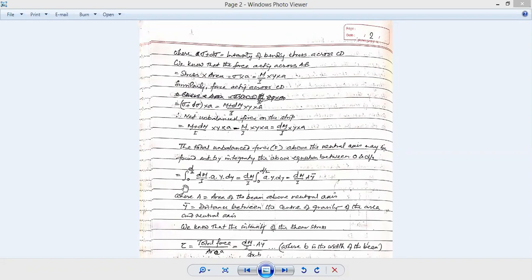We have to integrate this equation from the neutral axis, where the distance is 0, to the outermost section of the strip, which is at a distance d by 2 from the neutral axis.